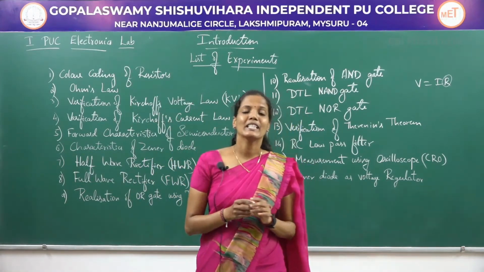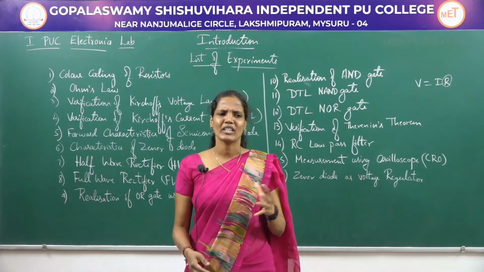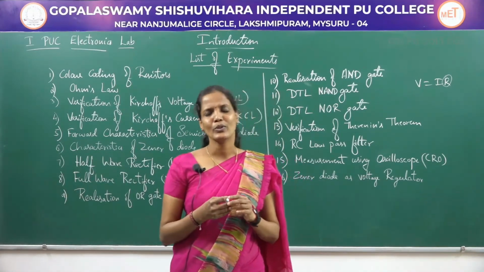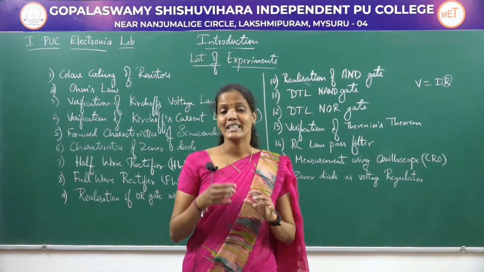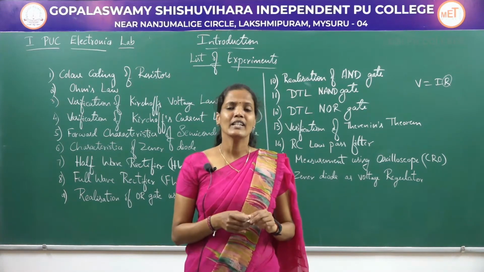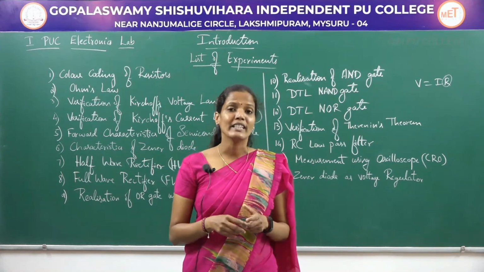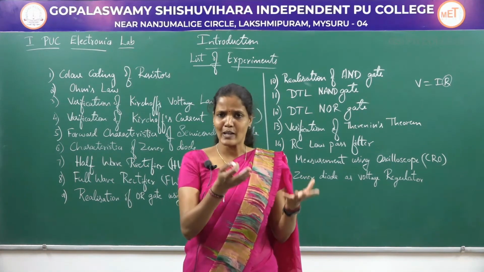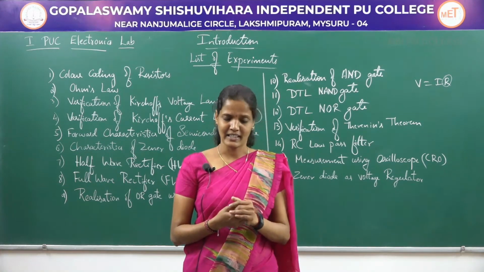Coming to the next experiment, that is Kirchhoff's current law, which states that the algebraic sum of the currents entering the node is equal to the algebraic sum of the currents leaving the node. So we are going to conduct this experiment. As I told you, in the KVL experiment, we see how the voltage will be divided among the resistors when we take the same value of resistance, or when different values of resistance are considered.